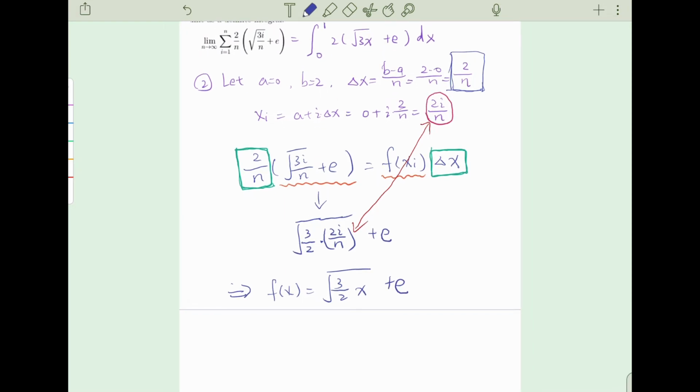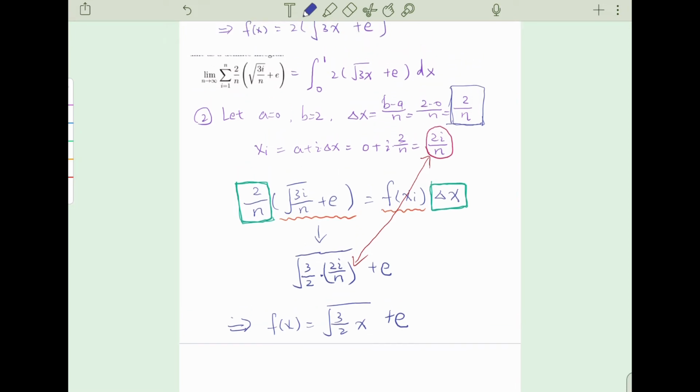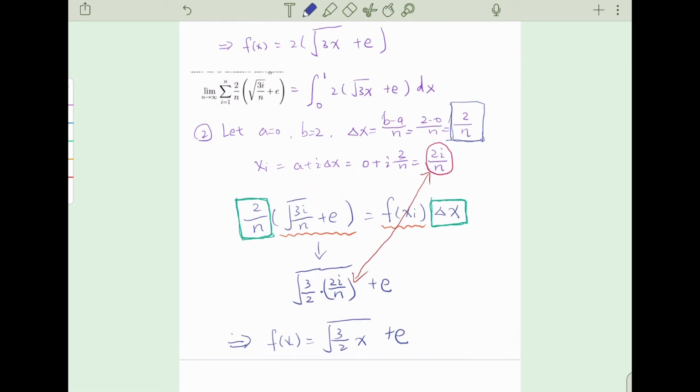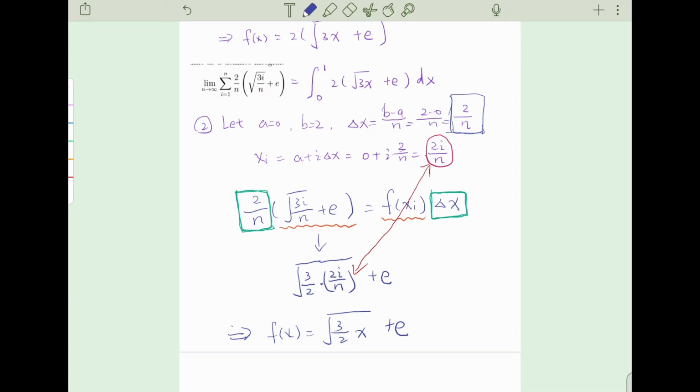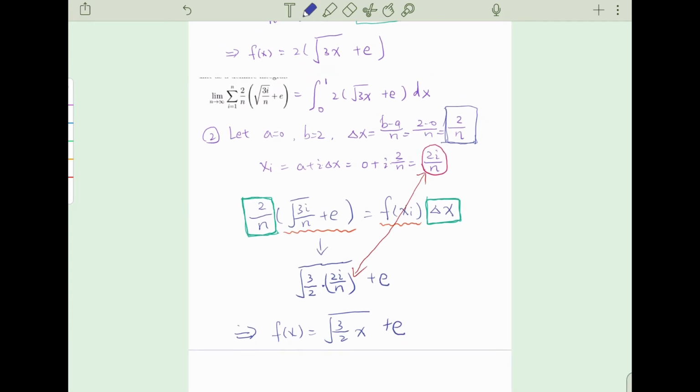We also can check whether this f of x is correct by plugging xi into this expression and see if you get exactly the expression above. So that is how we obtain this f of x, by comparing the things here. Now after having all these intervals and the f of x, we write the expression out.